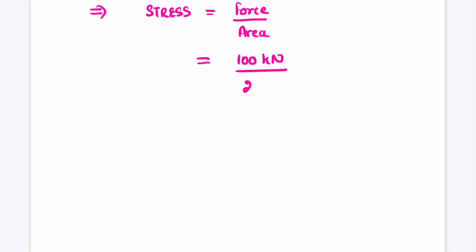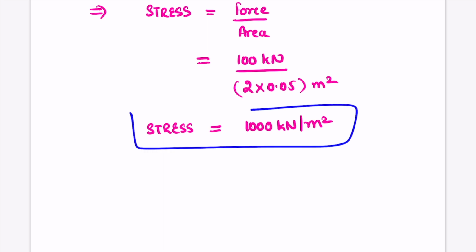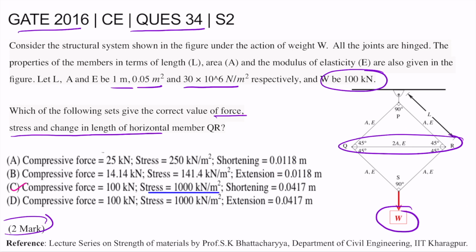So it will be 2 multiplied by 0.05 in meter square. So we get the value of stress in member QR as 1000 kilonewton per meter square. So this is the second part of this problem, that is stress is 1000 kilonewton per meter square. The final thing is shortening or extension. Of course it's a compressive force, so there will be shortening.